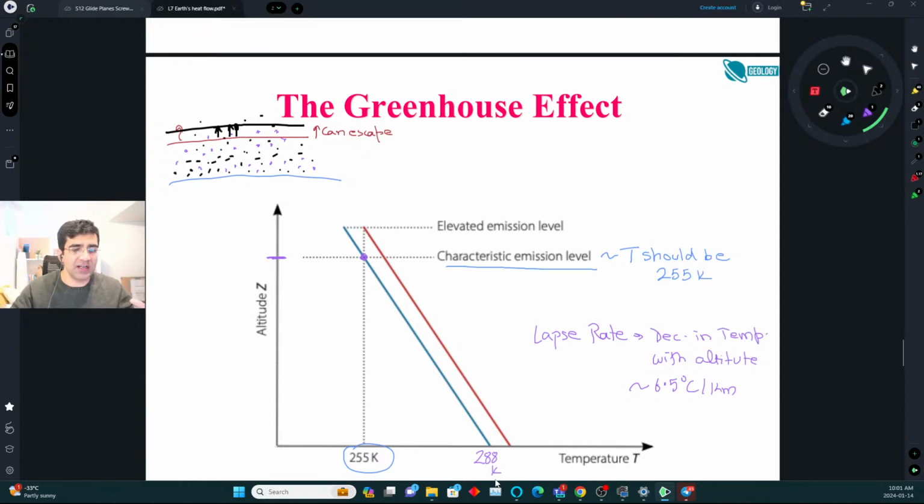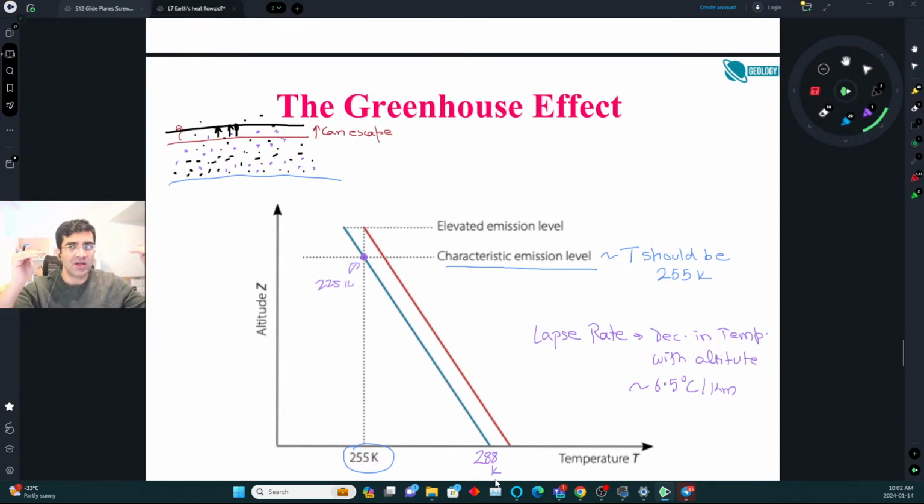So higher up in the atmosphere there is some level where radiation can escape, and the temperature of that level should be 255 Kelvin. Where radiation can escape, that is where radiative balance will be present. If radiation cannot escape, there is no radiative balance, and some other processes have to cool the Earth. But where radiation can escape, incoming should be equal to outgoing. That is where we decide it.